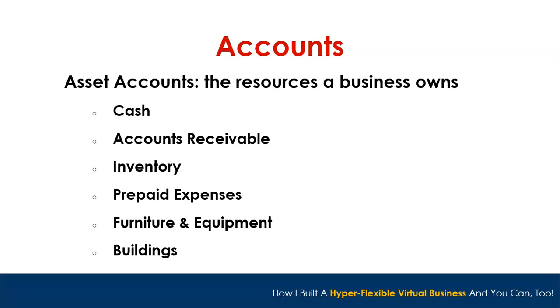So prepaid expenses is an asset account we sometimes use to handle transactions like that. Again, that's a little bit higher level, but just know it exists. Other asset accounts would be furniture, equipment, buildings. You could have vehicles, anything like that, a resource that the business owns.